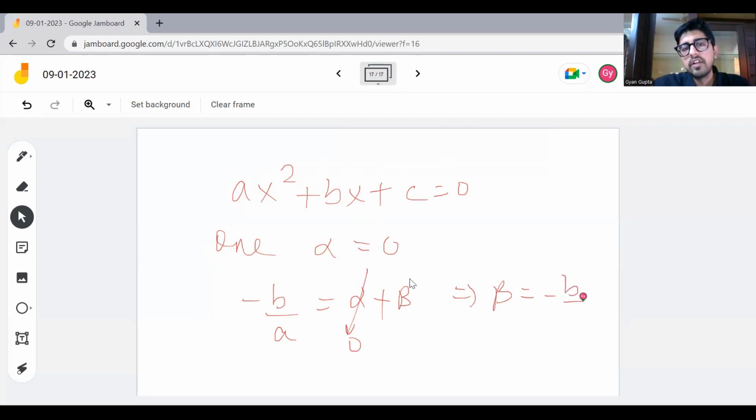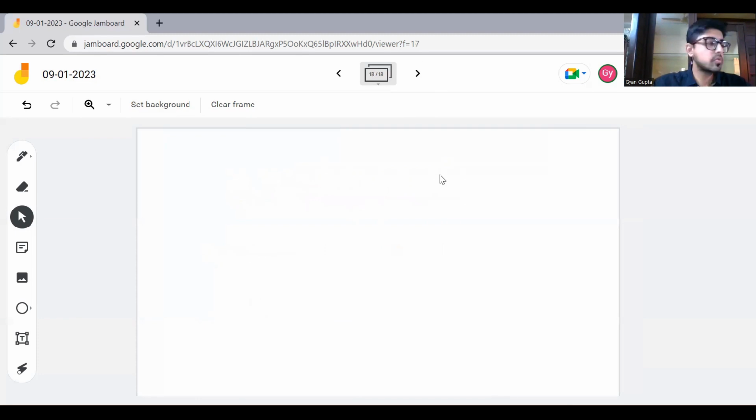All right. This is one type of question which is a direct application of the sum and product of the roots. Let's look at another question which is an application of such a concept. Let's say that the two roots of the quadratic equation are 5 plus root 3 by 2 and 5 minus root 3 by 2. We are supposed to find what the quadratic equation is.